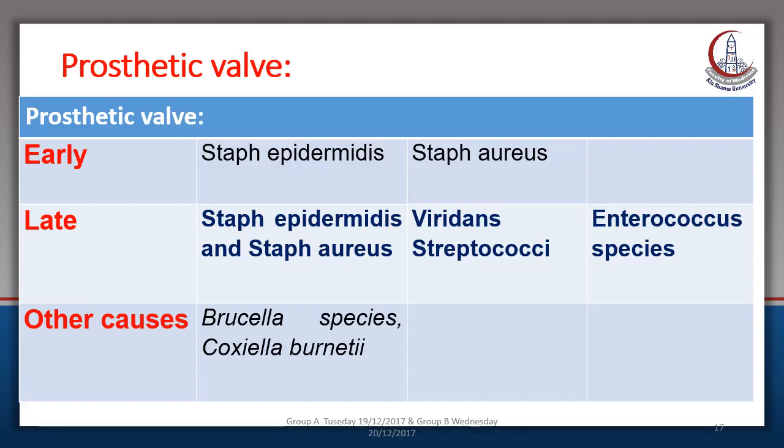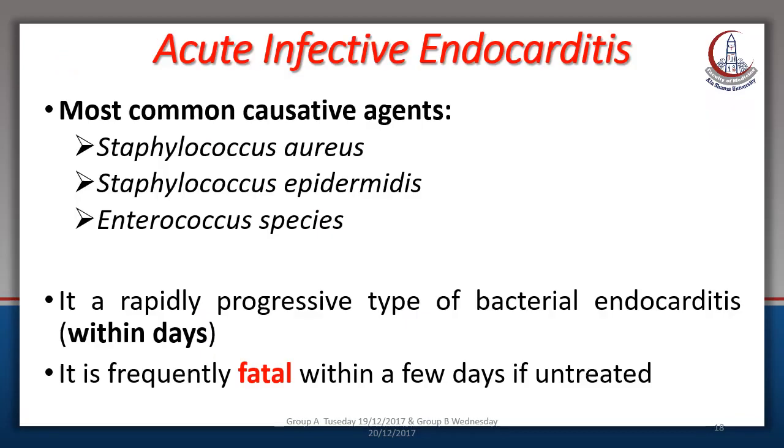So again, native valve endocarditis can occur as community acquired, healthcare associated, or intravenous drug abuse, with a most common causative organism for each type. In community acquired native valve, it may be caused by virulent streptococci, Staphylococcus aureus, or Enterococcus species.